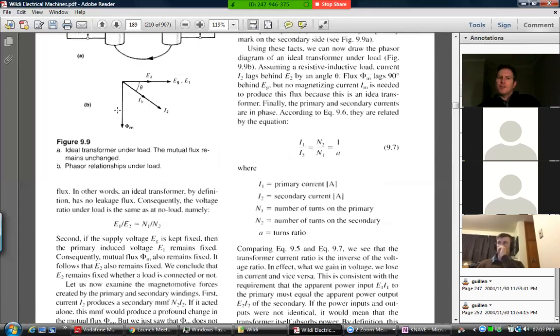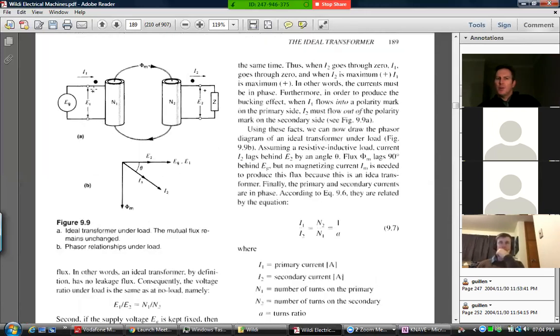Meanwhile, the flux itself is still down here, because the flux is not produced by this current. The flux is produced purely by that little bit of magnetizing current, which we'll see later is a little bit of an extra bit of current that flows in here. But it approaches zero. It's not related to the current that's getting pulled through the load. There's kind of two components.